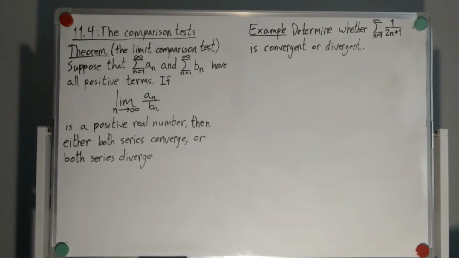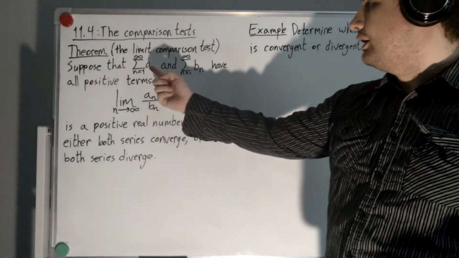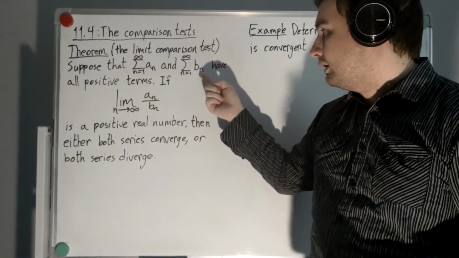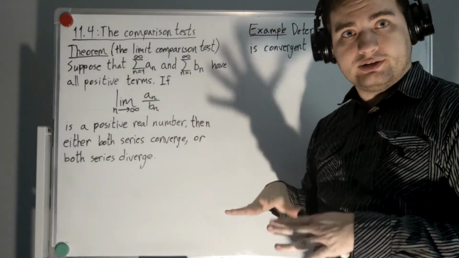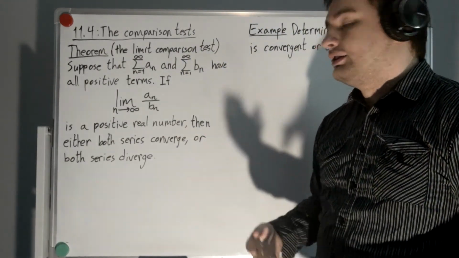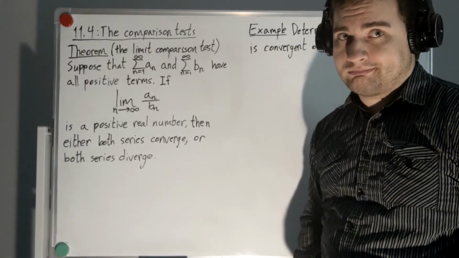So in other words, you have a series that you're studying, you come up with another one. If you know the behavior of that one, and you can take this limit, and it's positive and finite, then that means they're going to have the same behavior.